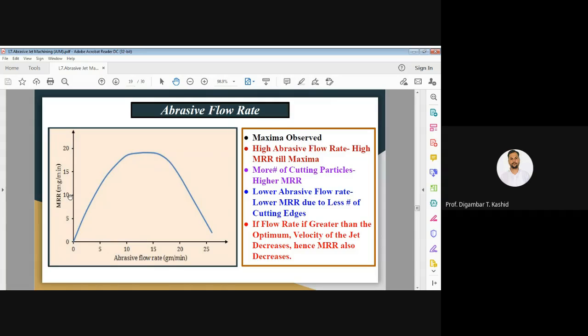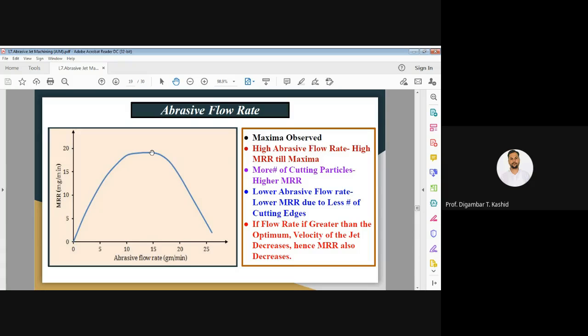So as the abrasive flow rate is increasing, the material removal rate is increasing up to a certain limit, and there is an optimum or maximum value of material removal rate we will get here. After that it starts decreasing. The material removal rate will decrease as the abrasive flow rate increases.